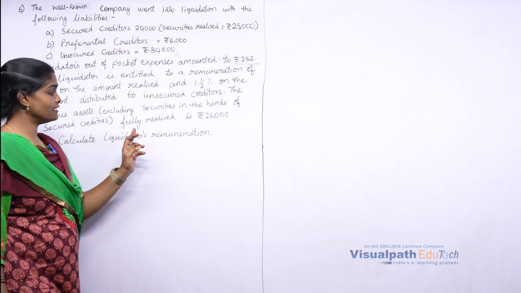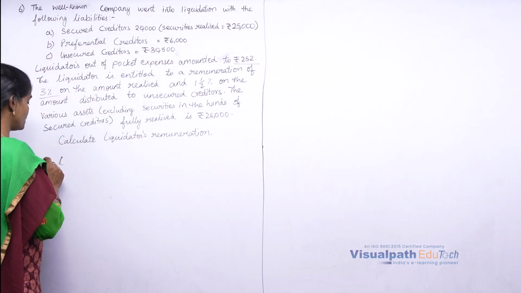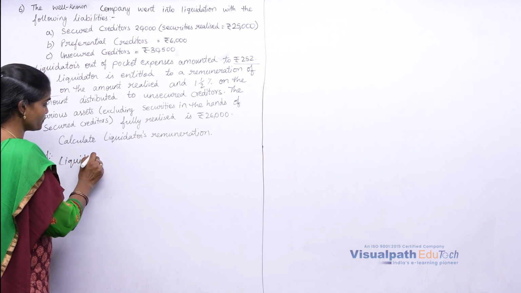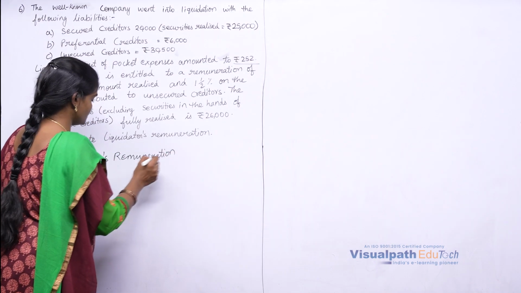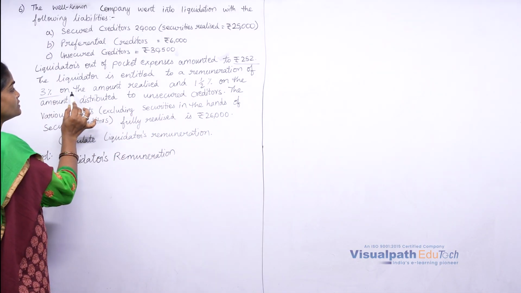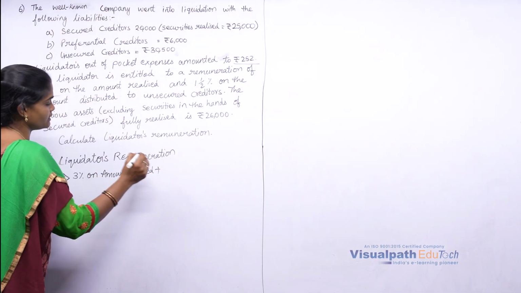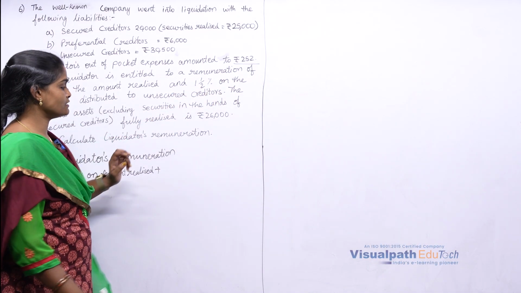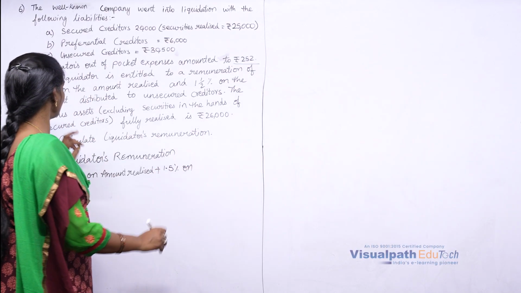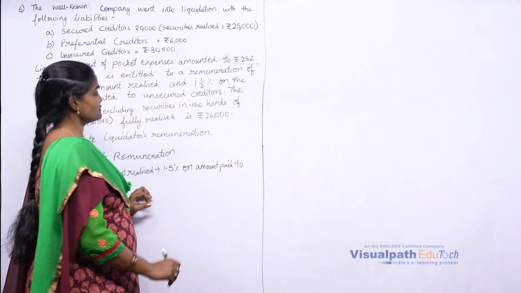Now, calculate the liquidator's remuneration. To calculate it, just follow the question. What all instructions are given? Liquidator's remuneration is equal to 3% on amount realized plus 1.5% on amount distributed to unsecured creditors.